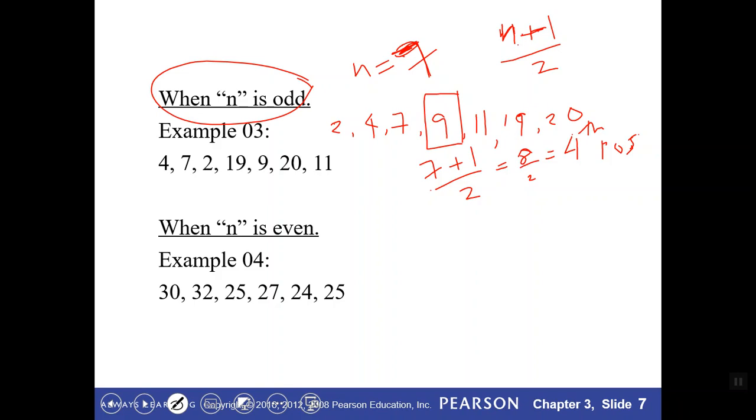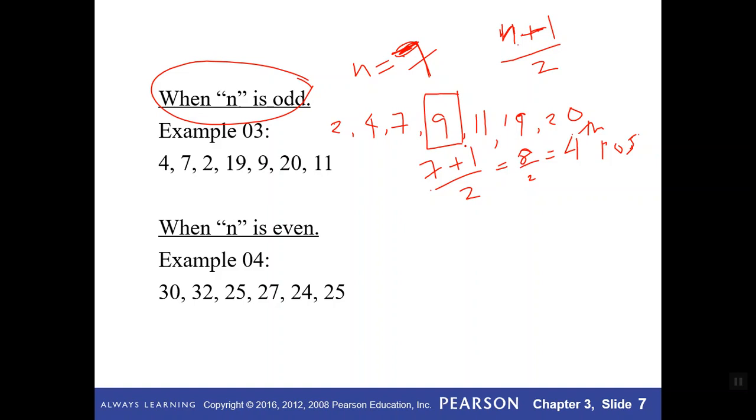What happens if we have an even number of observations? In this case we have example 4, with an even number of values. First of all, you have to set this sequence into ascending order.